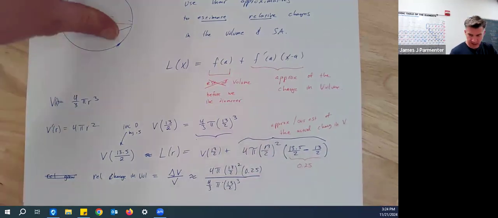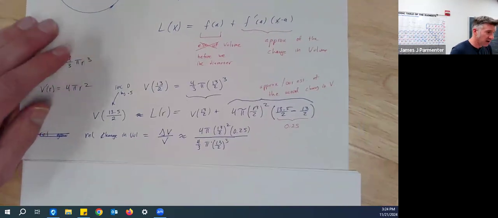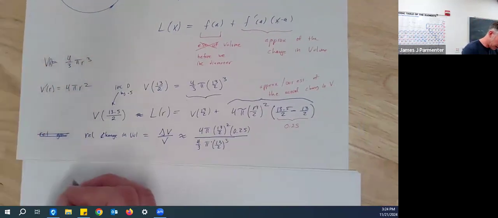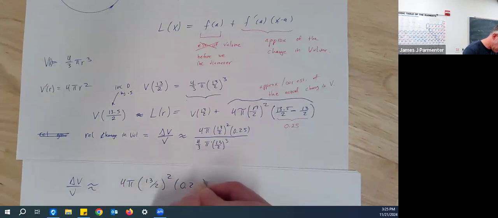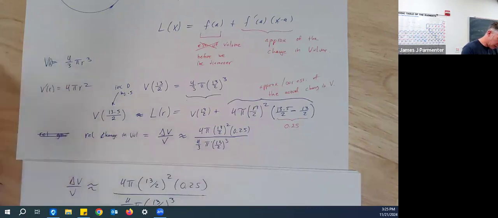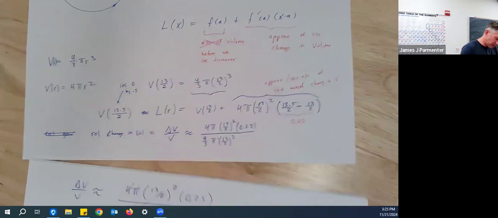I wish I had more room on this piece of paper, but I don't. But look, things simplify very, very nicely. I'm going to write it all down here again. Delta V over V is approximately 4 pi times 13 over 2 squared times 0.25 divided by 4/3 pi times 13 over 2 cubed. Then you can cancel a 4 and a 4, a pi and a pi, and a 13 over 2 squared in each.